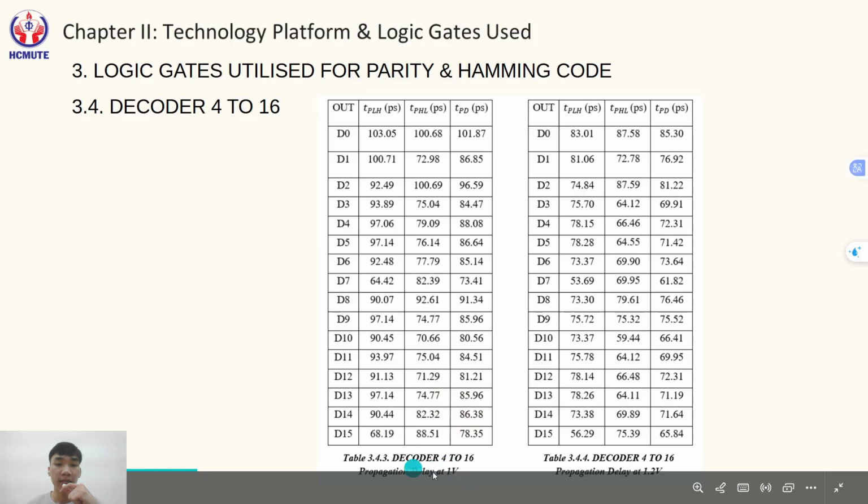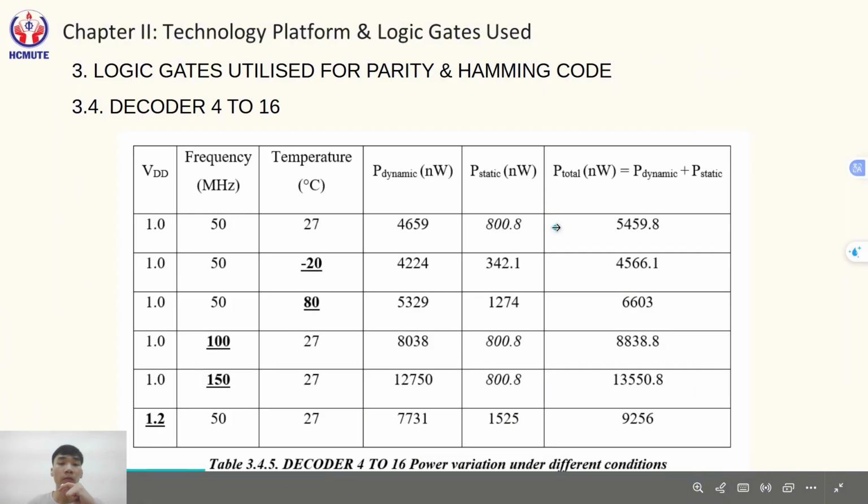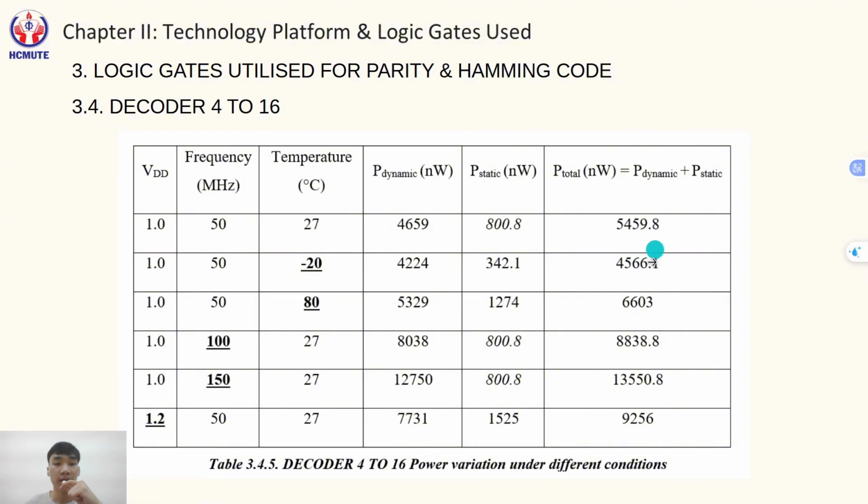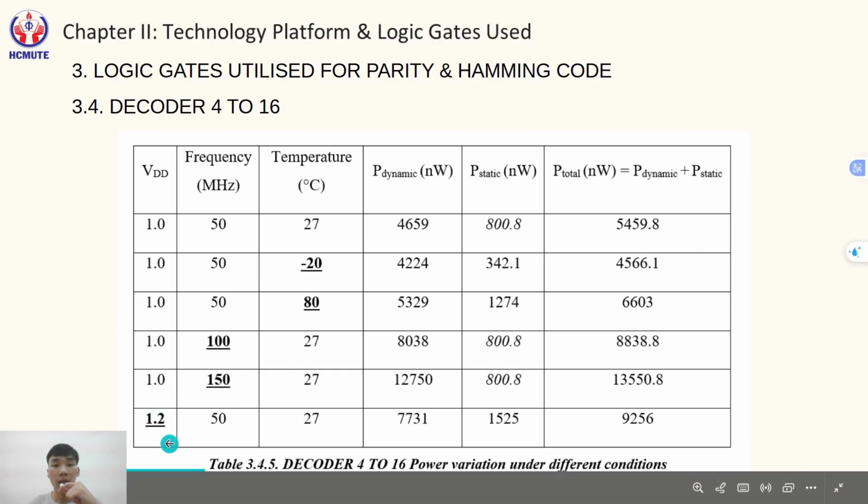When we increase VDD to 1.2 volts, the delay is reduced, allowing the circuit to switch faster, and the total power of the decoder is relatively high because of the larger number of transistors and many logic states. And when VDD increases from 1 to 1.2 volts, total power rises, confirming that VDD has the strongest impact on energy consumption.